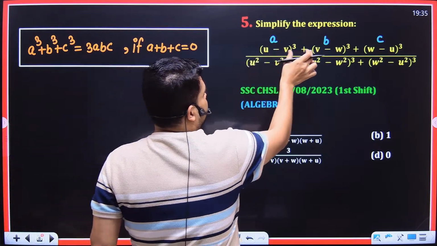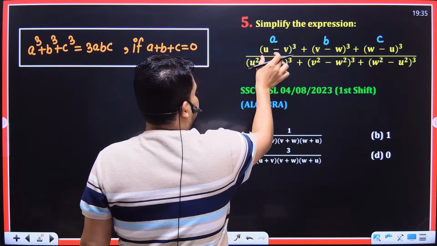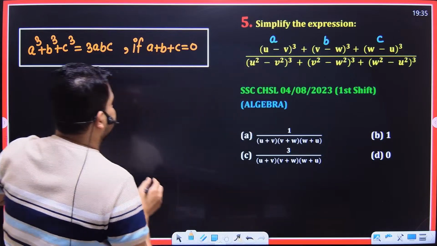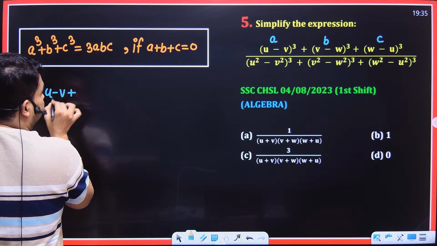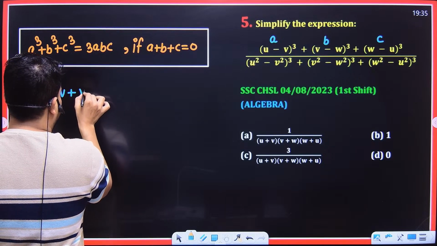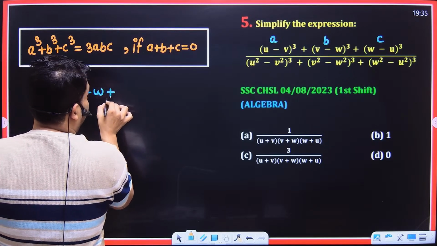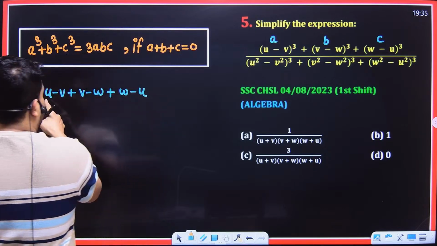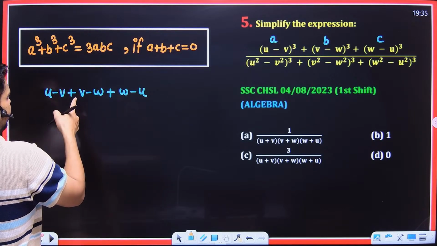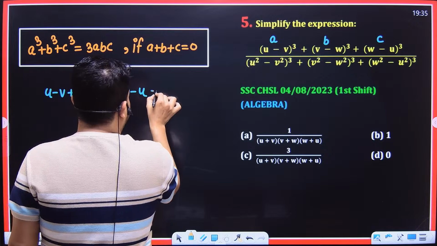We have to see whether it is 0 or not. What is the value of a? The value of a is u minus v. What is the value of b? v minus w. And what is the value of c? w minus u. u and u will be cancelled out. v and w will be cancelled out. The value is 0 here.